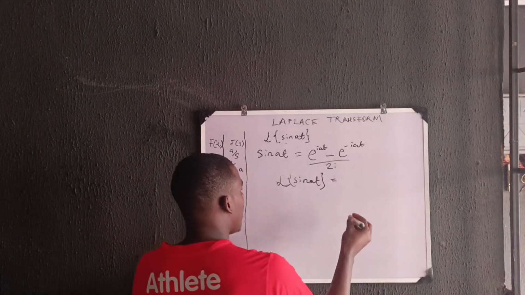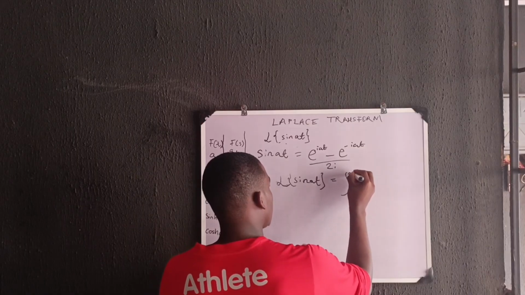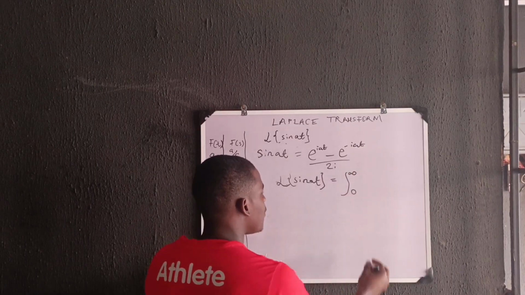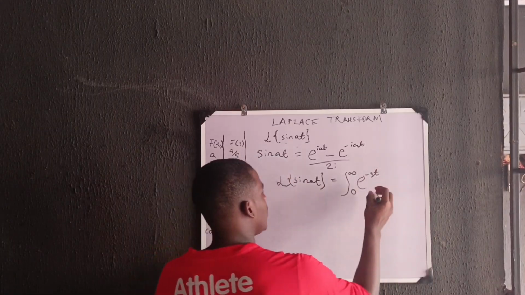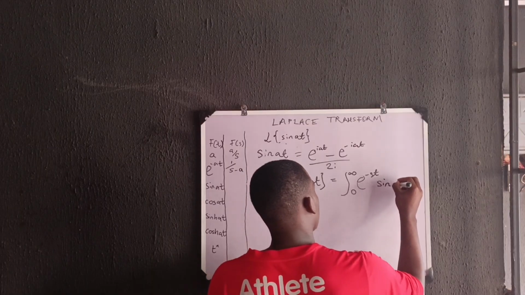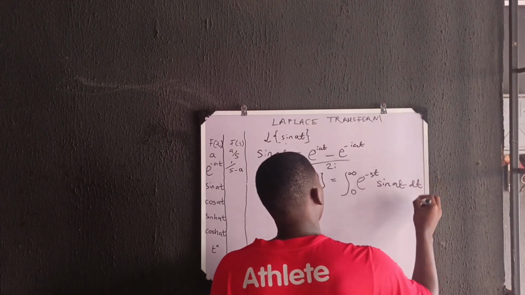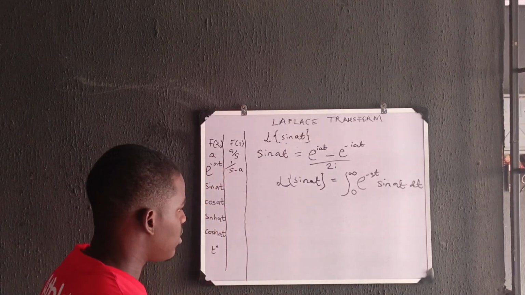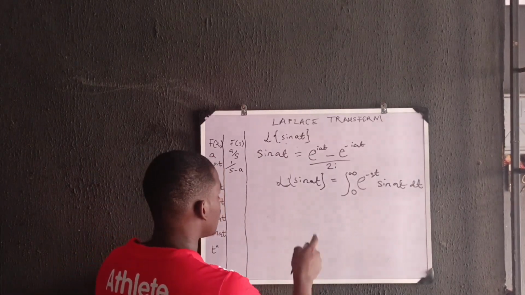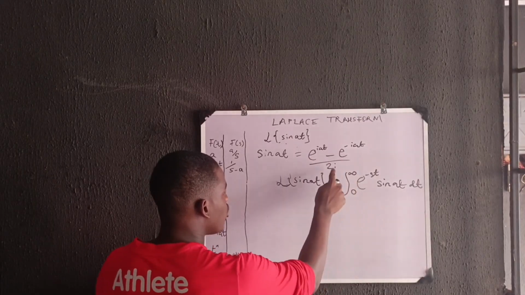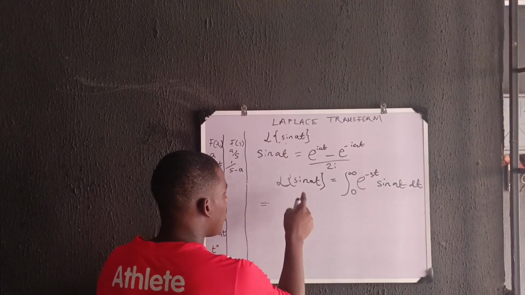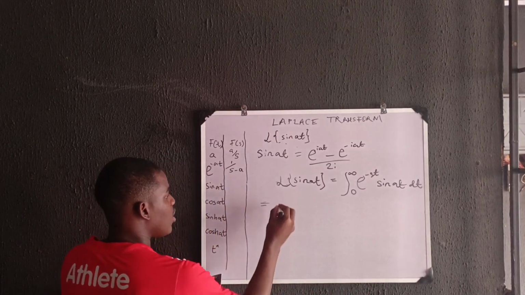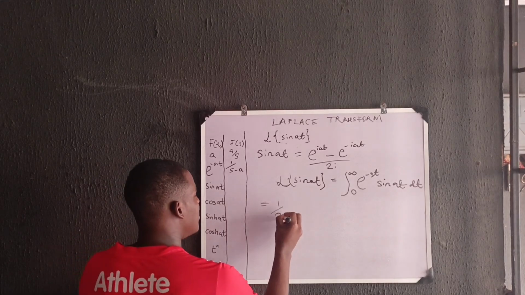Who remembers what our Laplace transform looks like? This is what it is going to be, right? So what is our next step? We are taking Laplace of this, but we are going to bring out 2i as a constant. So Laplace of sine at is going to be 1 over 2i, a constant.